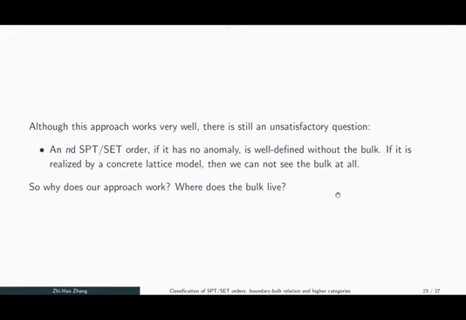If you try using a lattice model to realize this SPT order, you cannot see the bulk in the lattice model. This is very mysterious. So you see, the SPT order has a bulk, which is a trivial SPT order. But now, if you realize it by a concrete lattice model, the bulk cannot be seen.